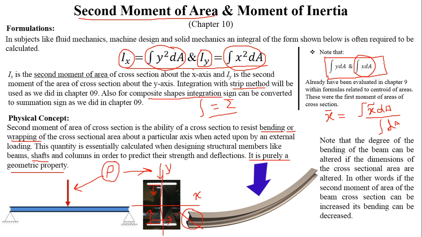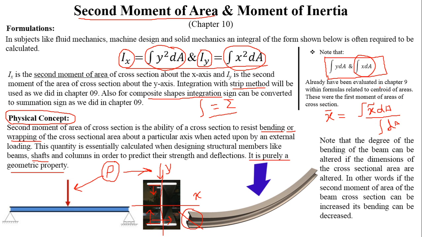And when it increases, the given structural member will become more resistant against bending. So this is the physical concept of the second moment of area. Simply, it is the ability of a cross section to resist bending, right?